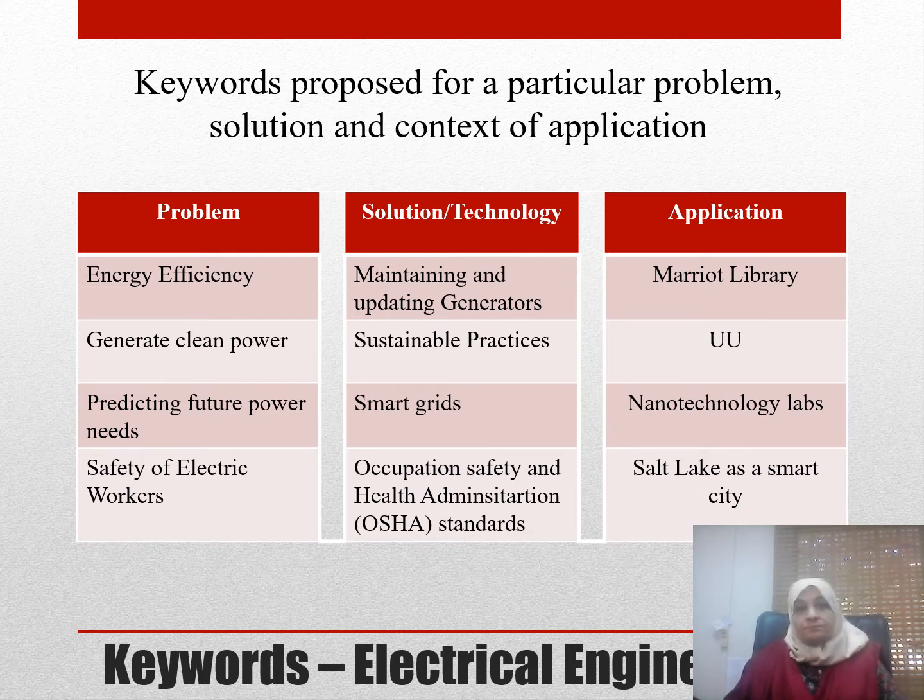As an example, maybe your problem is about predicting the future needs of power. Maybe you are intending to come up with more advanced technologies, and because of those advanced technologies, the requirement of energy and the power may be enhanced in future.